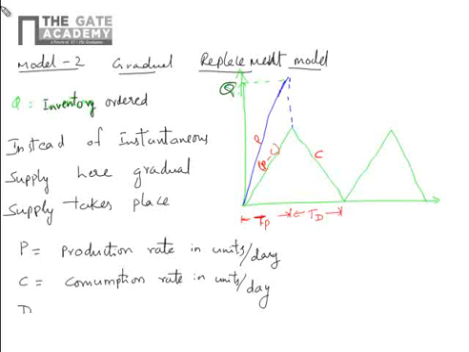D is the rate of demand, the demand rate, per unit per year. Q is the size of lot ordered.